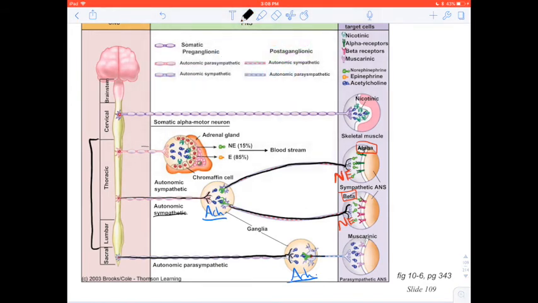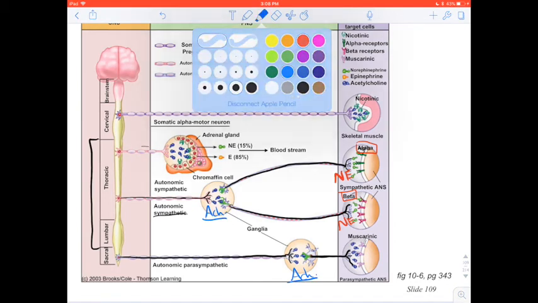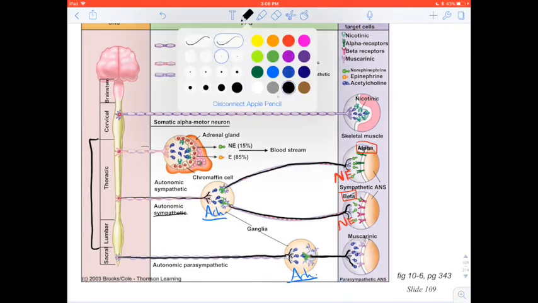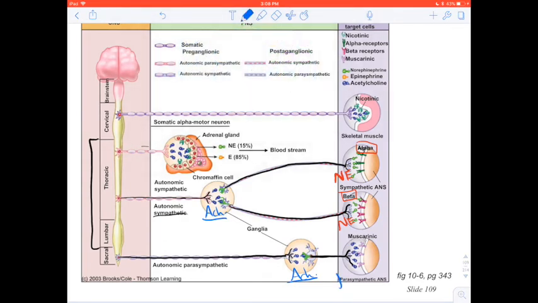The postganglionic parasympathetic neuron is going to go to its effector, and again, it's going to release acetylcholine again. All right, so our parasympathetic is acetylcholine from both the preganglionic and from the postganglionic. Whereas the sympathetic is acetylcholine from the preganglionic, but norepinephrine from the postganglionic.